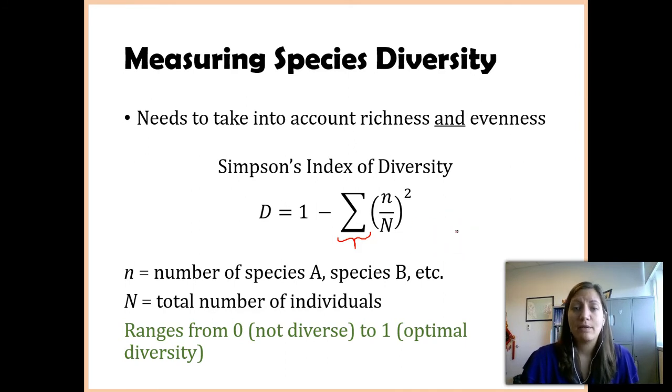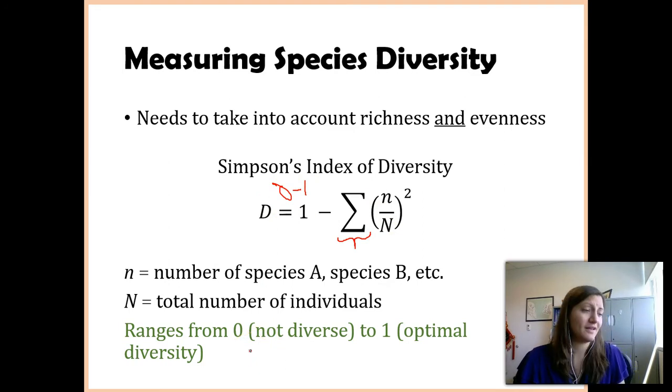Now, on a test, I would give you this equation. However, I will not tell you how to use it. I'm not going to remind you what's little n, what's big N, what this sigma means. When you solve this, and we'll practice this, so don't worry, you're going to get a value somewhere between 0 and 1. So D is going to be somewhere from 0 to 1. 0 is not very diverse, meaning maybe evenness is low or the richness is low.